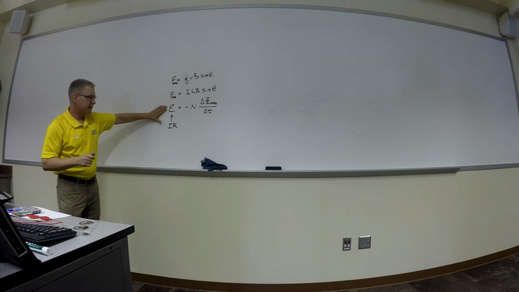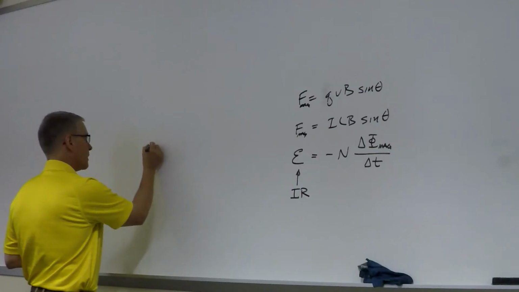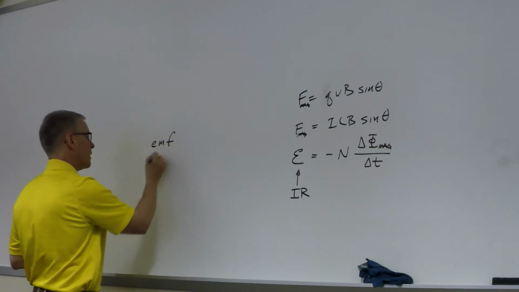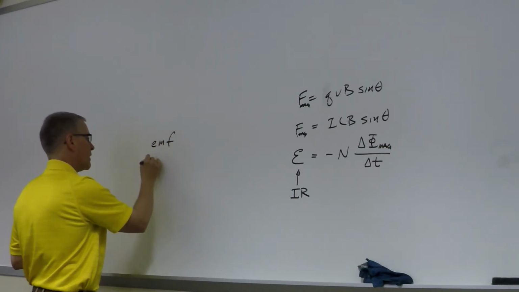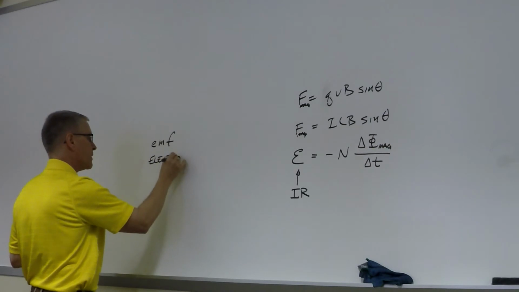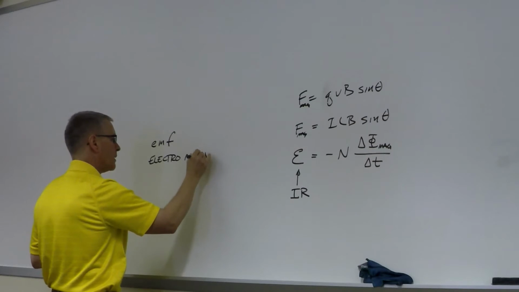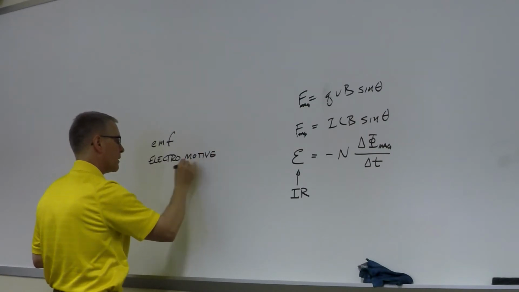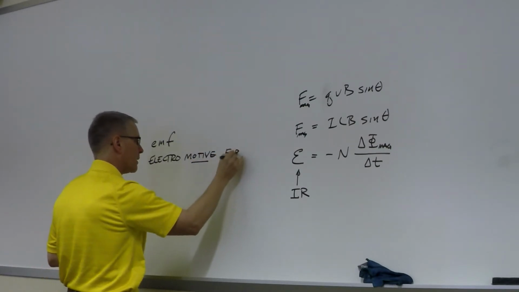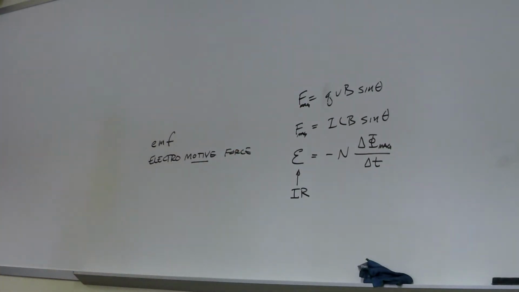This left-hand side, kind of a little older term, older symbol, stands for EMF. So I'll write a couple things here. Which is, and I'm going to write this because I see people always doing this wrong, electromotive force.